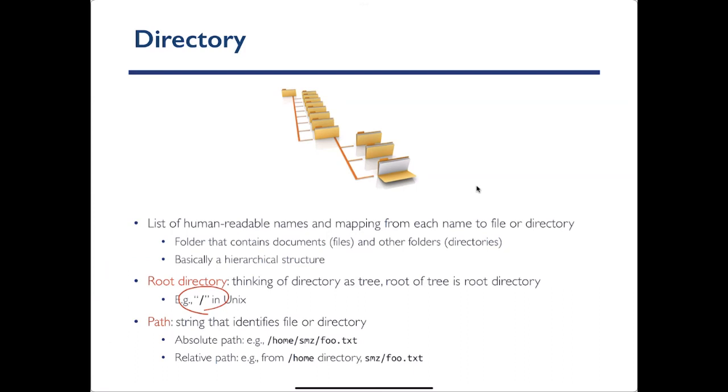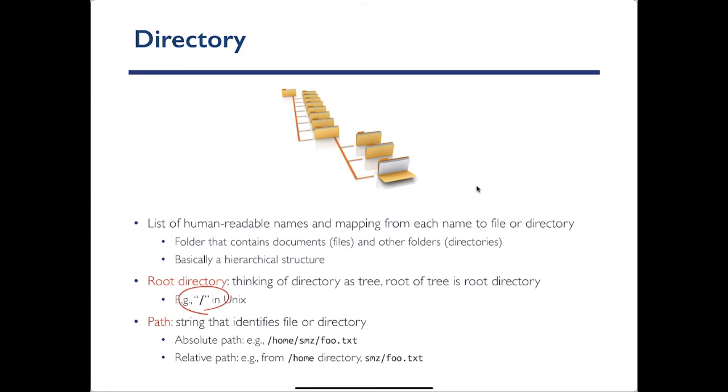Now there are two different paths in the system. There's an absolute path which gives you a human readable name to your particular file from the root directory. And there is a relative path from a particular directory to the file that you want to access. So it just assumes that you're giving an address from a particular directory.